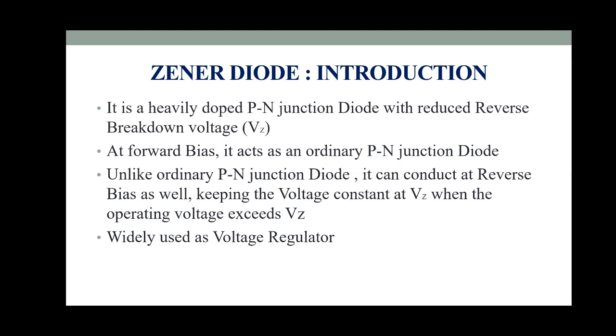That means if the operating voltage is kept on increasing beyond the reverse breakdown voltage, the output is kept constant at Vz up to a certain power rating that I will discuss later. And due to this inherent property, Zener diodes are widely used as voltage regulators.